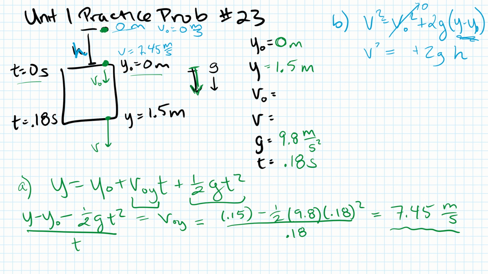So we get v squared equals 2g times h. So we take our v, 7.45 squared divided by 2 times 9.8, to give us our value of the height above the window from which that object was dropped. And we get a value of 2.83 meters.